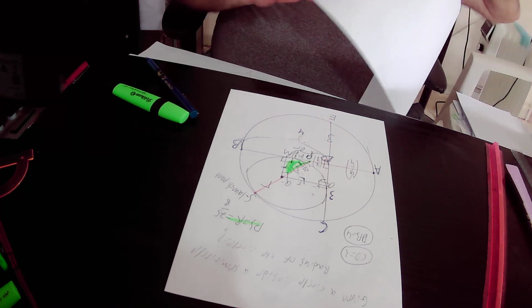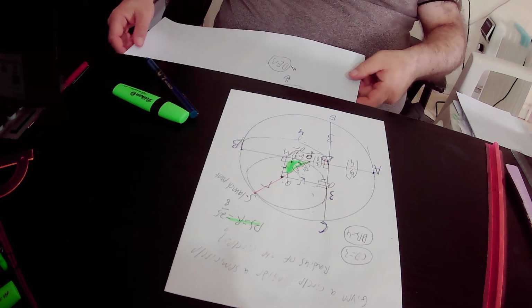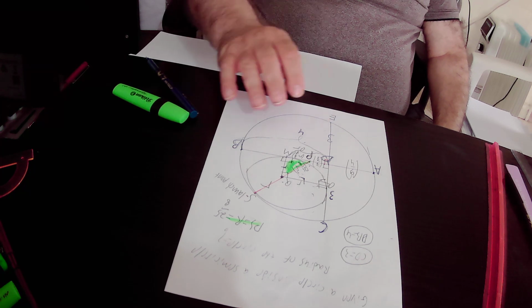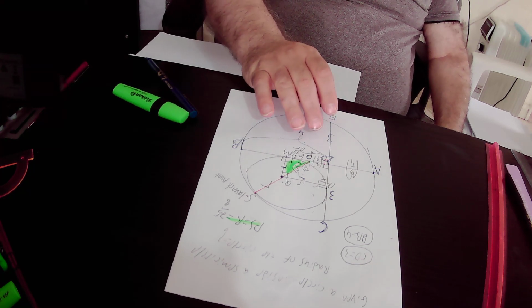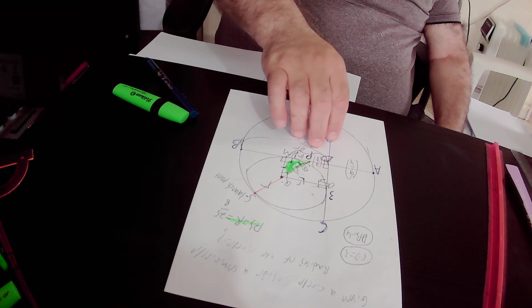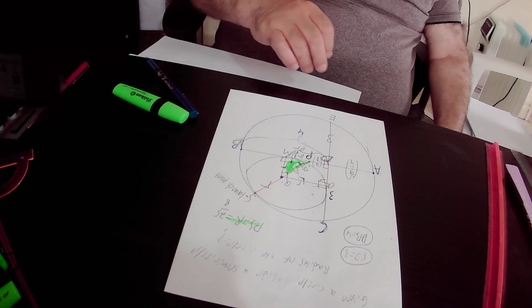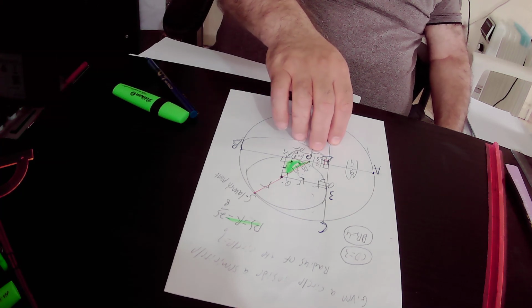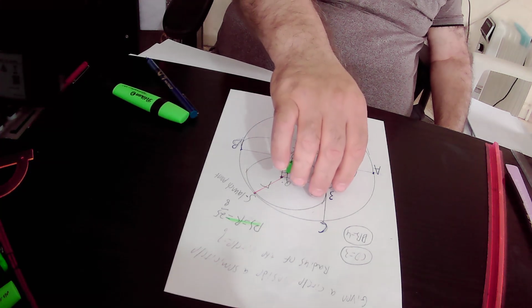Okay? But when we completed the semicircle to a circle, we actually created another semicircle. This semicircle is a mirror image of the original semicircle. I repeat again, this semicircle that we created is the mirror image of the original semicircle.